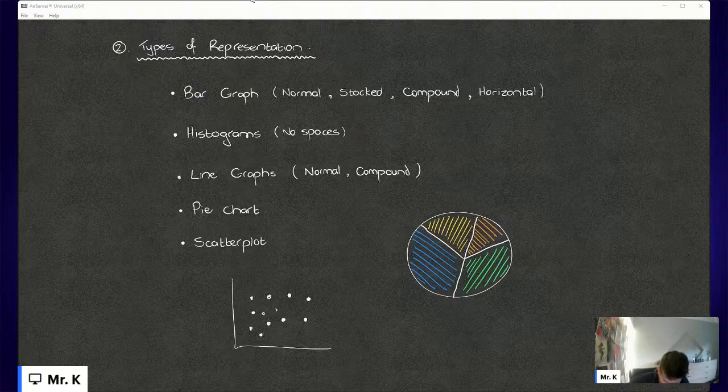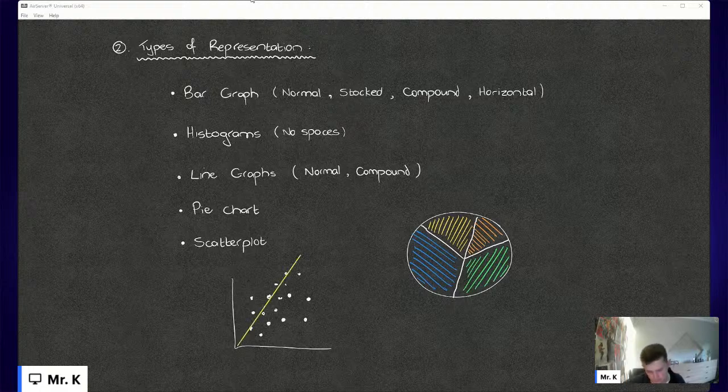Instead, we have what is called a line of best fit, right? So we would start at the beginning and try to run our line through as many points as we can. That is an example of a scatter plot.